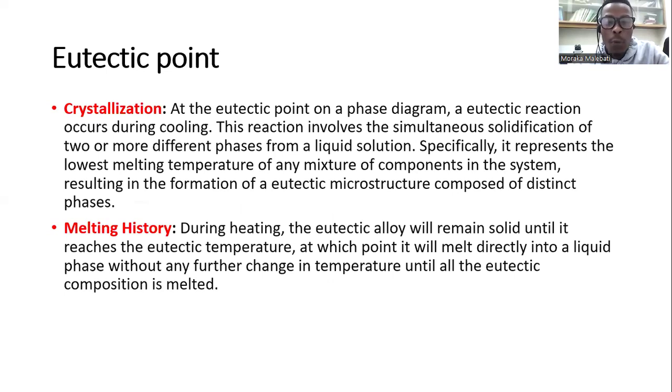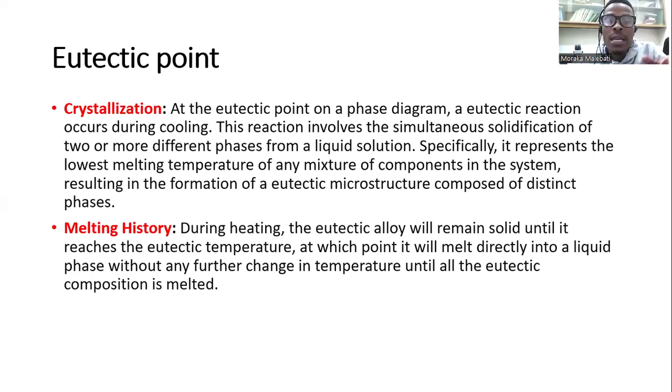at the eutectic point on a phase diagram, a eutectic reaction occurs during cooling. This reaction involves the simultaneous solidification of two or more different phases from a liquid solution. Okay, then it means we have a liquid now. Let's say we're having a solid and the liquid, and then when we reach that eutectic point, another new crystal enters into the crystallizing phases, or it joins the party.